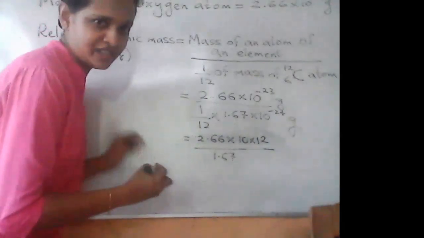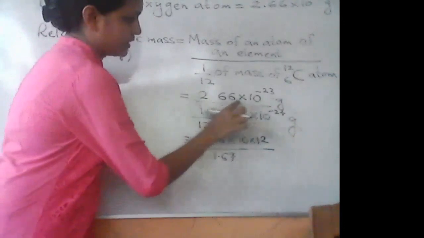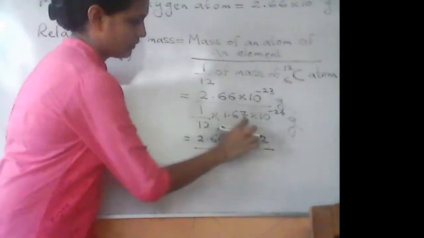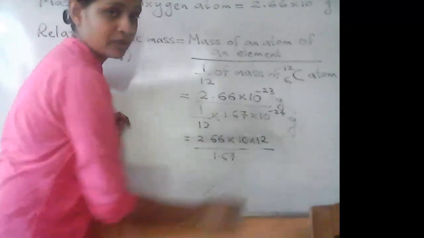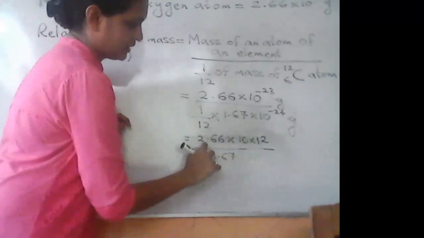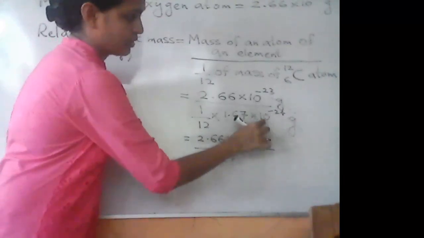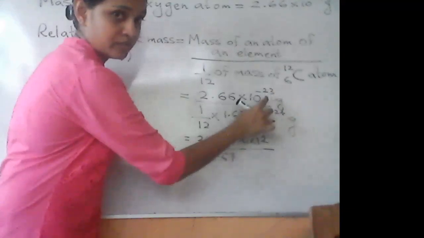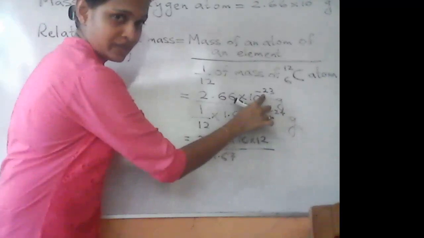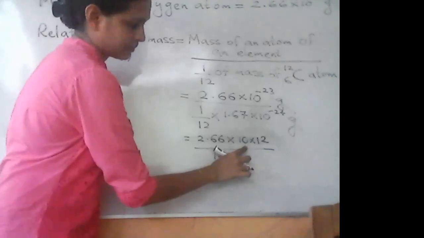When we simplify the equation, you can get 2.66 into 10 to the power minus 23 divided by 1 over 12 into 1.67 into 10 to the power minus 24, and we can write it as 2.66 into 10. That means 10 to the power minus 24 goes to the top, it becomes plus 24, and here there is minus 23. Therefore, you can take it as 10 to the power 1.